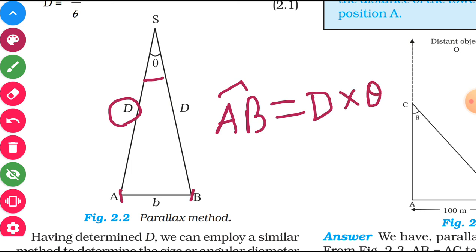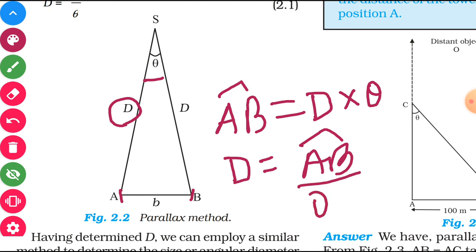Theta has to be converted into radian, so D is equal to arc AB upon theta. An arc is nothing but the distance between the 2 points on the earth, so it can be written as b upon theta. So try to understand this.